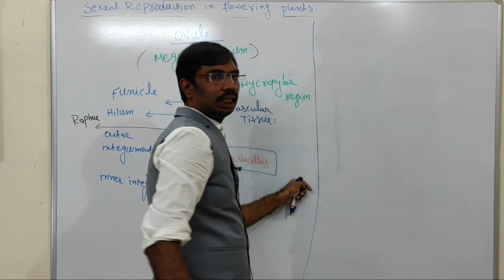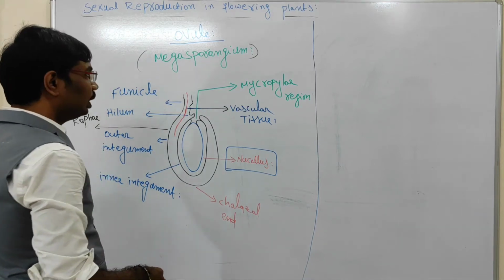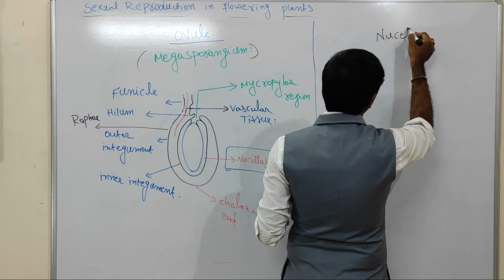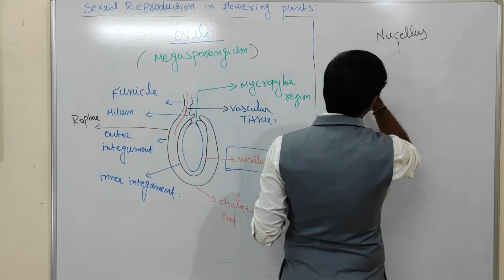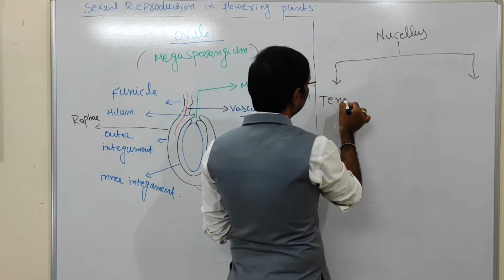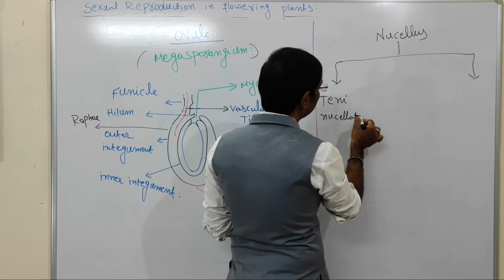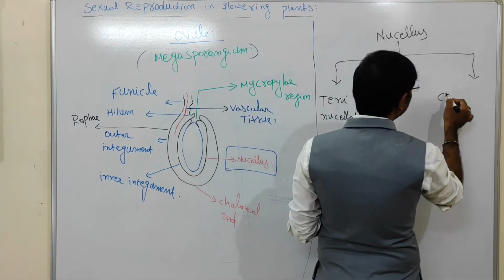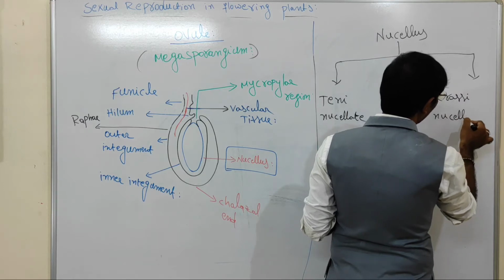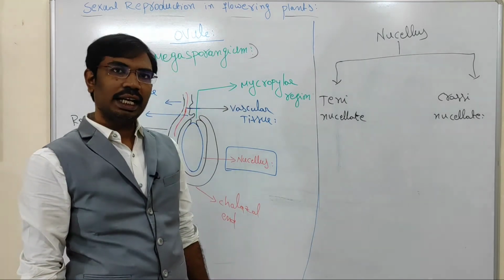Nucellus is classified into two types: teninucellate and crassinucellate. So two types of nucellus are present, teninucellate and crassinucellate.